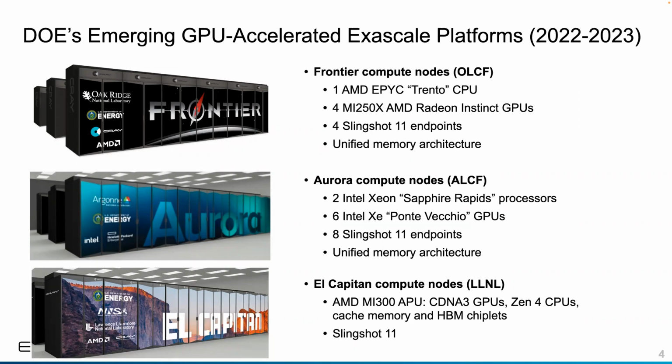And there's a third system expected to be delivered this year, called El Capitan, at Lawrence Livermore National Laboratory. It is based on AMD's MI300 APUs, which means that the GPUs and CPUs are in the same multi-chip module. This is the set of three systems that we're working with under the DOE Exascale project.